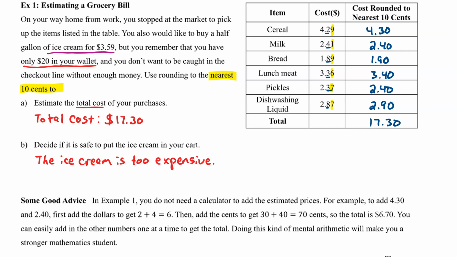And so that's important to think about because we may not always have a calculator on us, or we may not feel like trying to pull out our phone and open the calculator app, especially if our battery is pretty low and we don't want it to die on us. So it's important that we get comfortable with those little mental math skills so that we can quickly and effectively use those when we're in that type of situation.